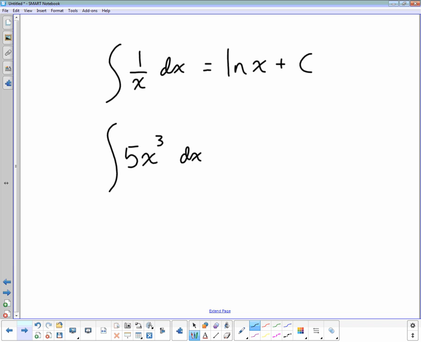Now, what are we going to have here? Let's walk through this with baby steps. 5. Now, we know that we're going to have x to the 4th, right? You can start there.